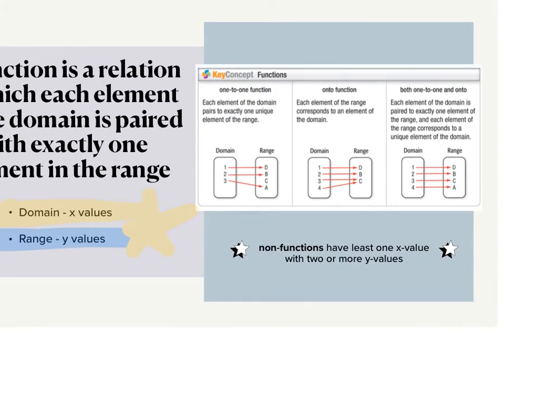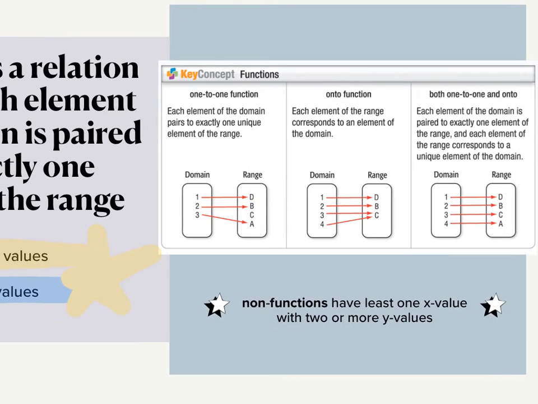We have three different types of functions. One-to-one, in which each element of the domain pairs to exactly one unique element of the range. A function is onto if each element of the range corresponds to an element of the domain.